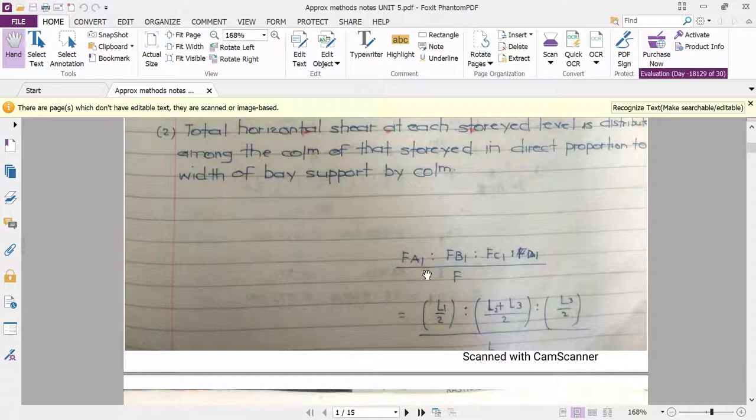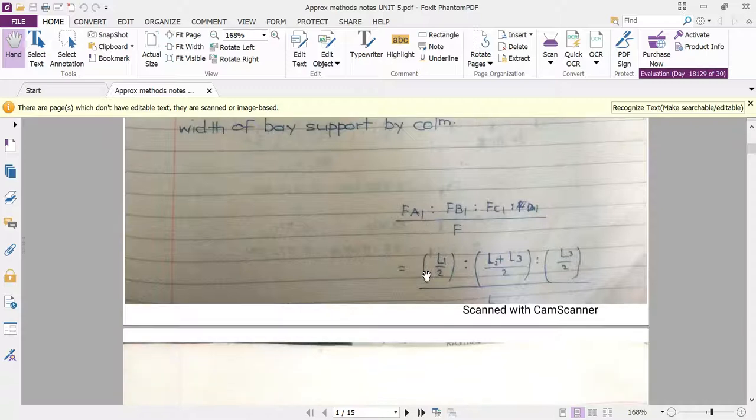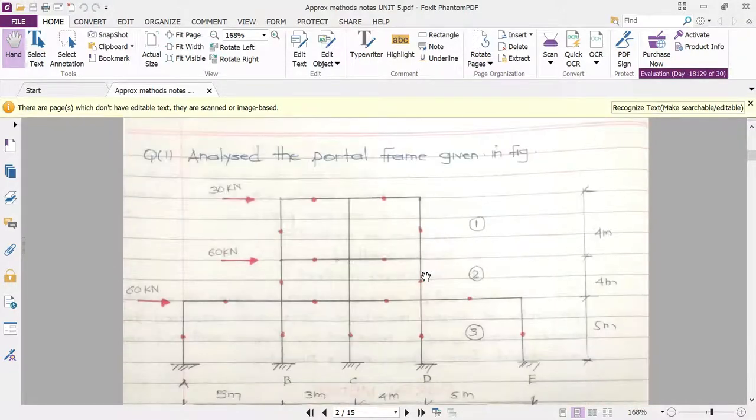All the forces means the total horizontal force, which equals L1/2 : L1/2 + L2/2 : L3/2 divided by total L. So this is the formula. So let us see the numerical.